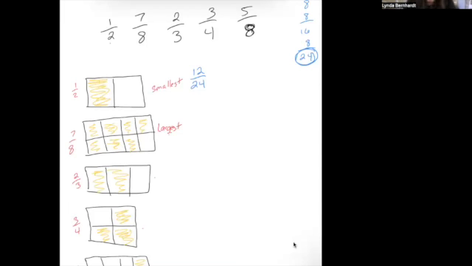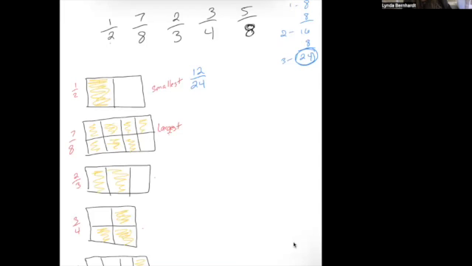Okay, so now 8. 8 goes into 24, well, we've got 1, 2, 3, 3 times. I showed you how to do this a moment ago, and I'm going to use my calculator here, just to make darn sure.